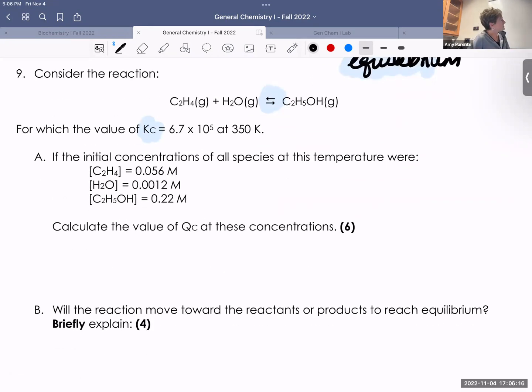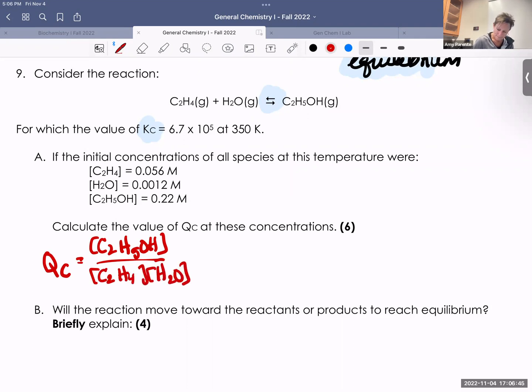So initial concentrations of all species are as given here. Calculate the value of Qc. So remember, if we're writing Qc, we'd write it the same way we wrote Kc, which is products over reactants. So we've got C2H5OH. All of these are gaseous species, so they're all going to appear here. So we've got C2H4 times H2O. I'm going to put the values that were provided here, right?